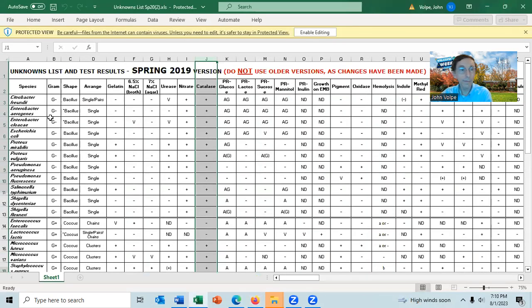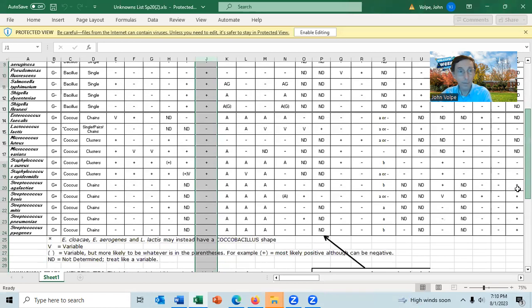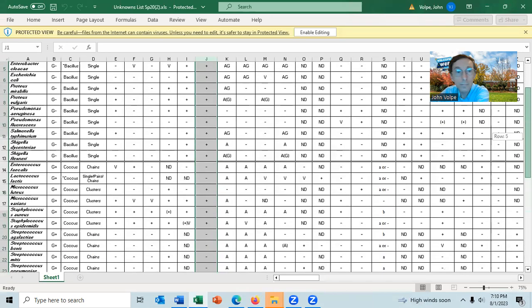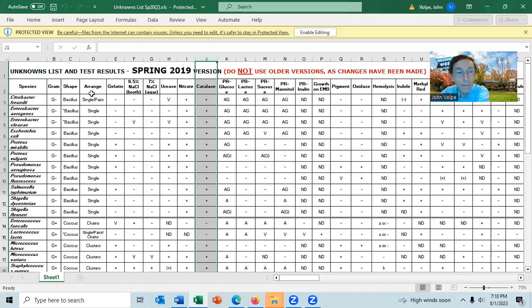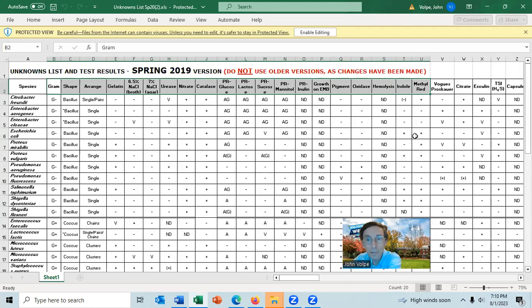So on the left, you have the different species, about 13 gram negatives and 13 gram positives. Is that right? A few or less gram positives. And then the different tests you can run for identifying the different species of bacteria.